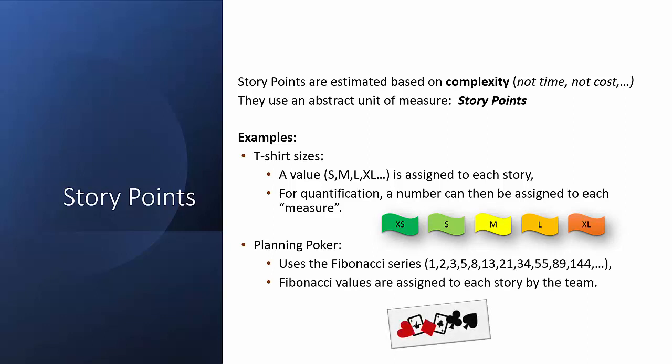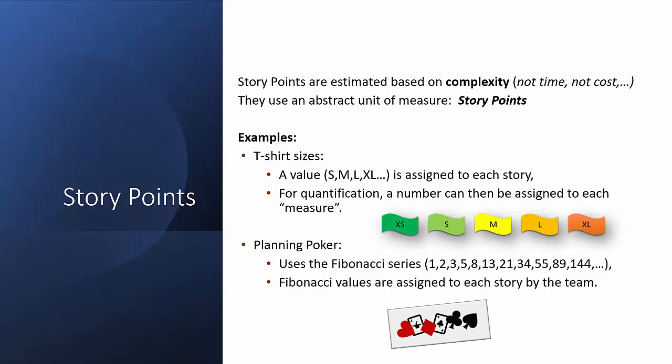Another approach is called planning poker. Planning poker is a bit like a game, and it uses a series of numbers called the Fibonacci series, where each number is equal to the sum of the previous two, in order to give an ever-increasing amount of weight to bigger and more complex stories.